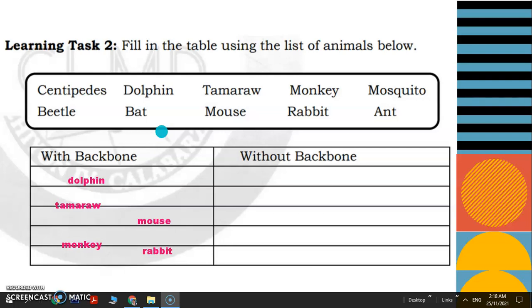At ang ika-anim ay ang bat o ang paniki. Next, mga animals naman na walang backbone. We have centipede. Sumunod ay ang mosquito. Next ay ang ant. At ang panghuli ay ang beetle.